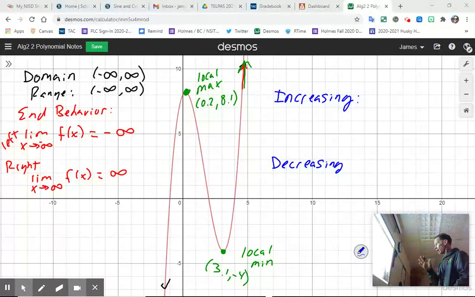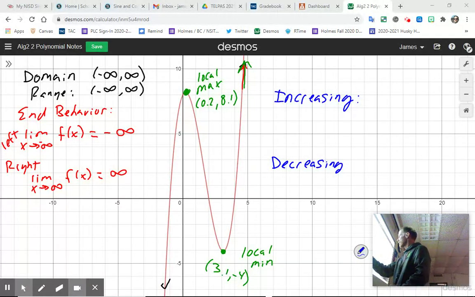Is the graph going up in that section, or is it going down in that section? Is it rising or is it falling? And if you see, as we go left to right, in this first section here, the graph is rising as we go left to right. So that's an increasing interval.